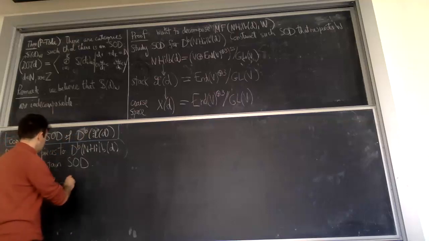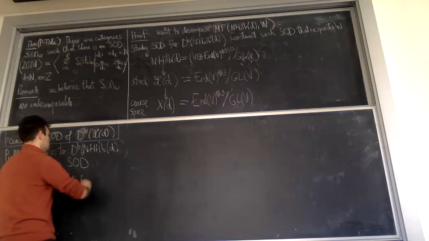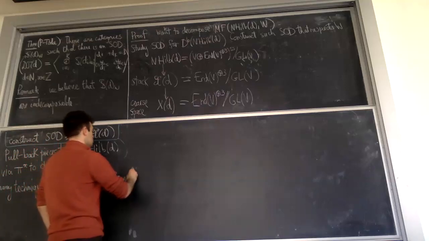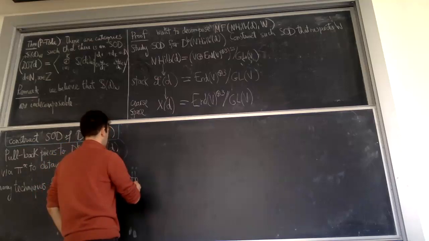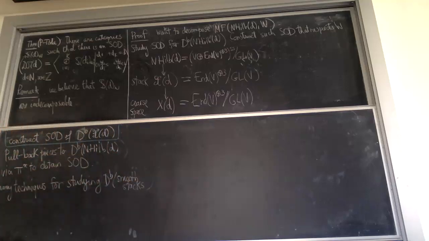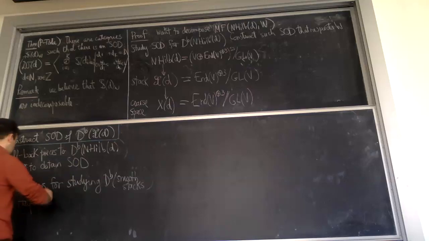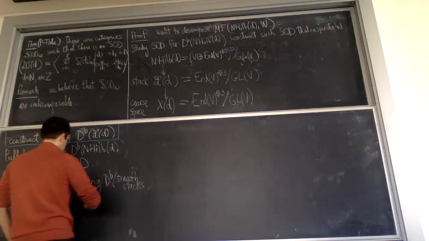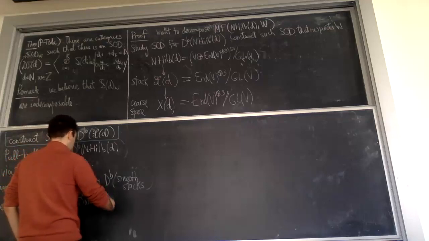So there are many techniques for studying Db of smooth stacks, especially this most basic case of quotient stacks, which go roughly under the name of window categories, due to Halpern-Leistner, Ballard, Favero-Katzarkov.